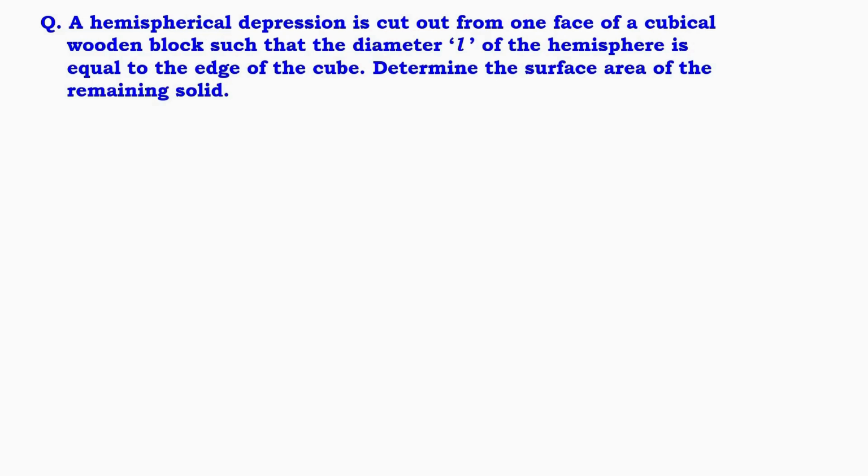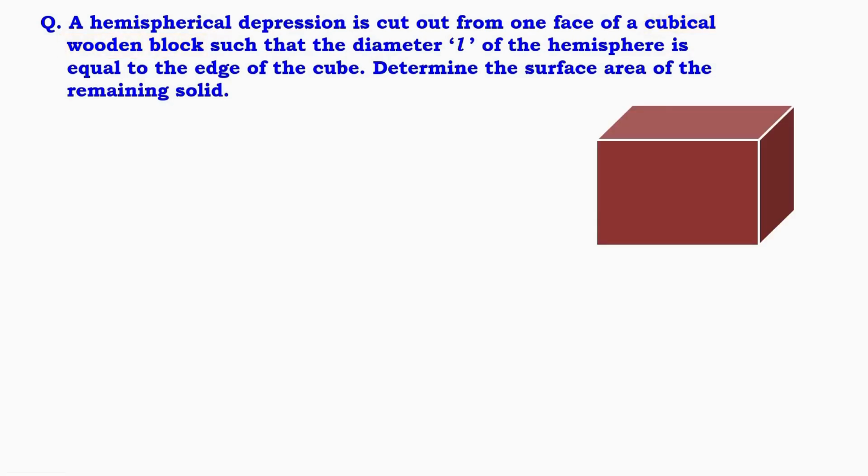Okay, so let us first understand what is given in the question and we have to draw the diagram. So here what information is given, that is a cubical wooden block. So let us draw the cubical wooden block. A hemispherical depression is cut out from one face. So let us consider from the top a hemispherical depression is cut out.